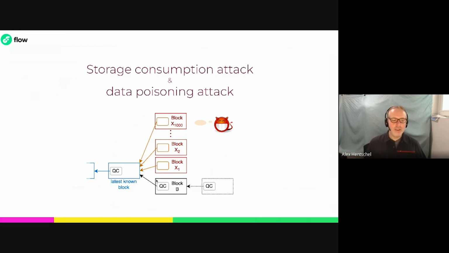In the attack we're demonstrating today, the parent block is unknown. But even if the parent block is known, the old consensus follower would just save all those blocks. So if you have a single malicious node in the system producing tons of garbage blocks, the old consensus follower would store them to disk, potentially propagate them, and the new consensus follower doesn't store them to disk.